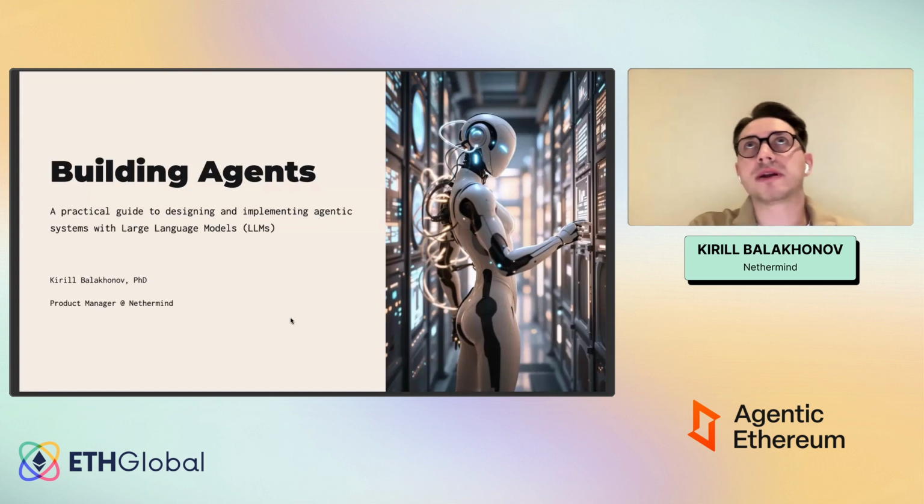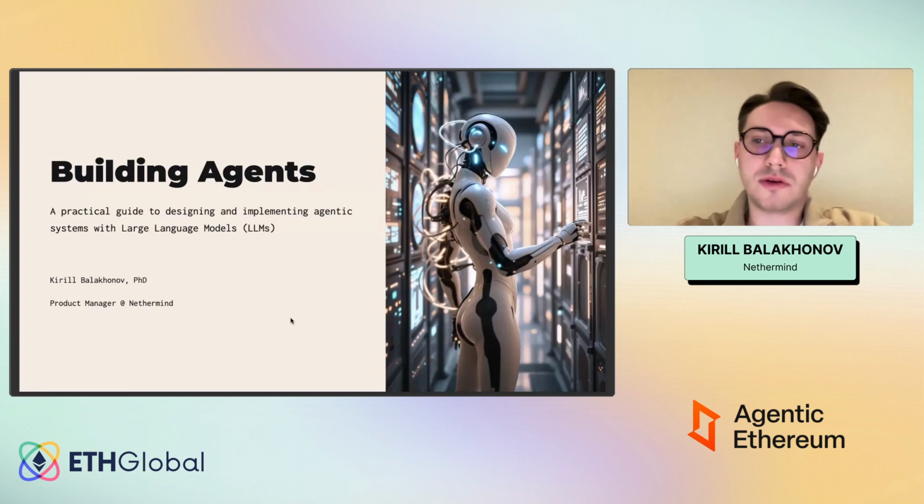On this example, we were diving into AI agents in Web3 and making a kind of utility agent. Today, I want to explore the topic of building effective agents using LLMs.